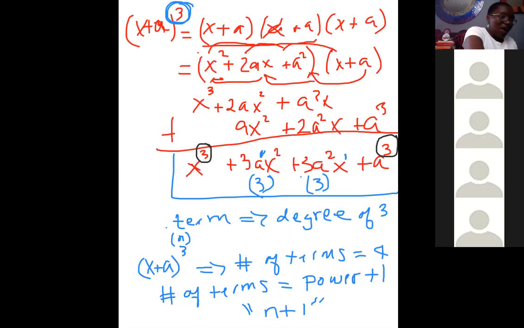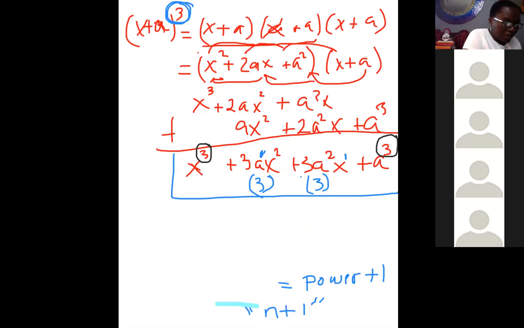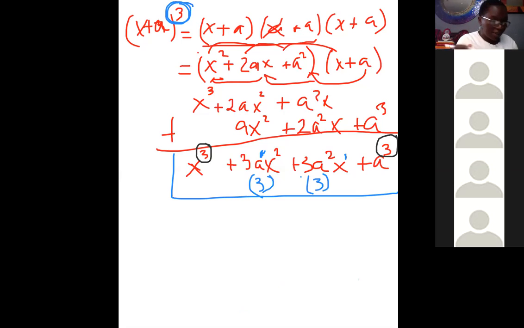Okay, now let's see what else you guys notice on this binomial expansion here. Let me erase some of this. Now, it may take you guys some time to recognize some of these additional components. So let me give you some of the additional components and then we'll move on. All right, guys.